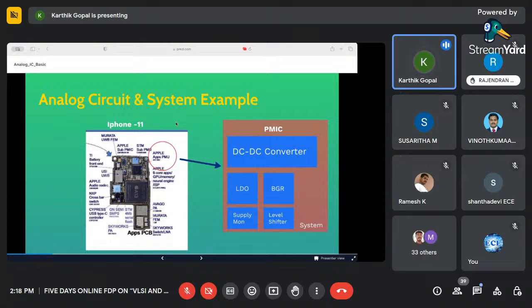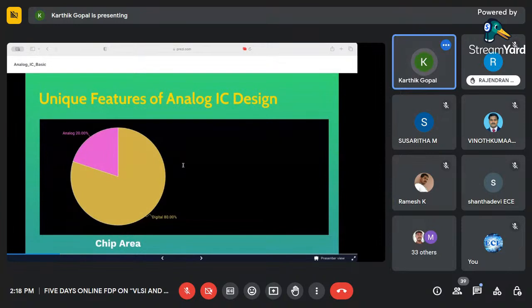So this PMIC, why I have taken it is that this is an analog circuit, complete DC-DC, LDO, BGR. BGR is band gap reference. This is a low dropout regulator, and supply monitor and level shifters. So the unique feature of analog IC is that generally in an application, a major portion is occupied by digital.